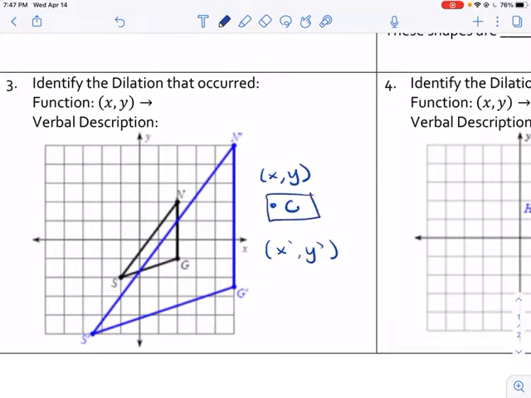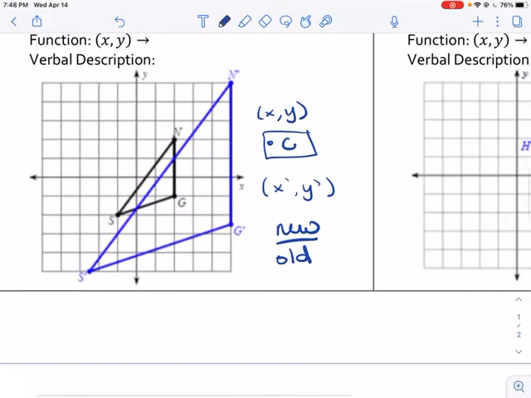If I have c times a number equals a different number, we're going to call it z. Then I need to divide by that number to find out what c is. So we're going to divide the image by the pre-image. So divide the new shape coordinates by the old shape to find out what the scale factor was.